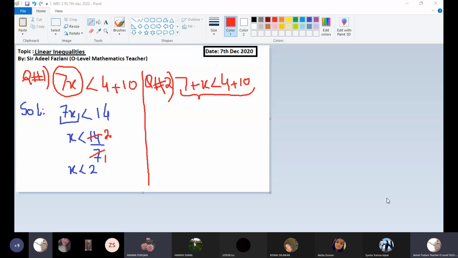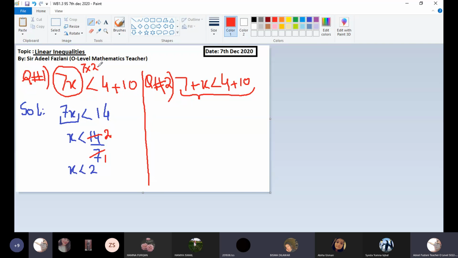Excellent. Hamna Furqan has asked a great query behind this. If the sign is less than, when you plug in that 2 in 7 times 2, what is the answer of 7 times 2? 14.